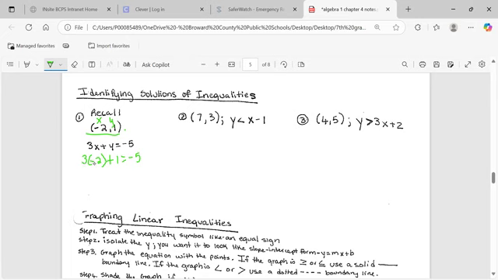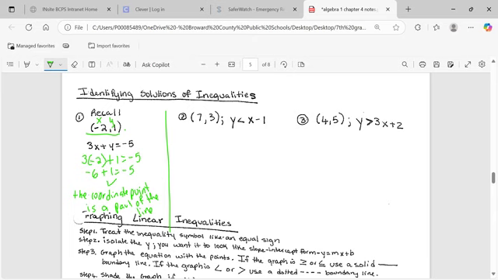So 3 times negative 2 is going to give me negative 6 plus 1, and that is indeed equal to negative 5. This tells me that the coordinate point is a part of the line. It is a solution to the line.